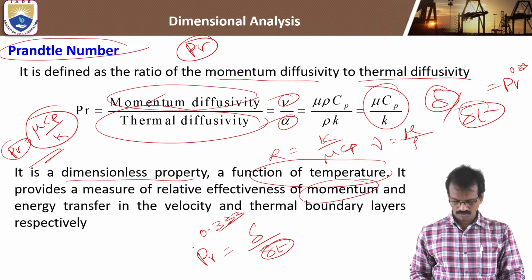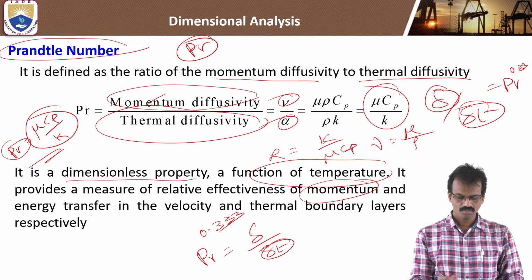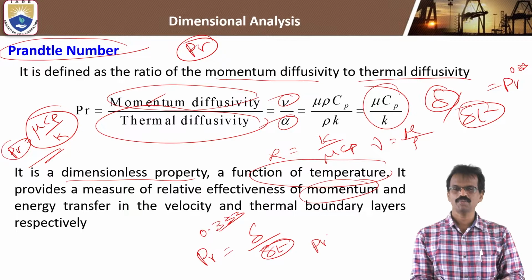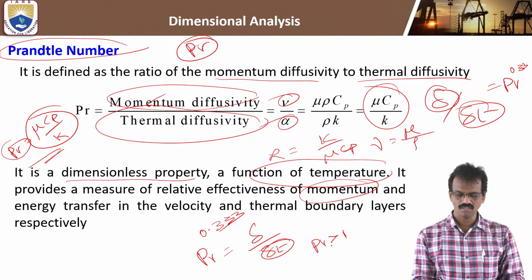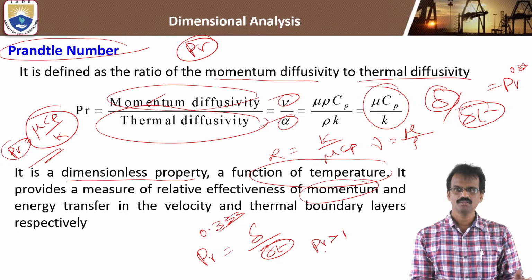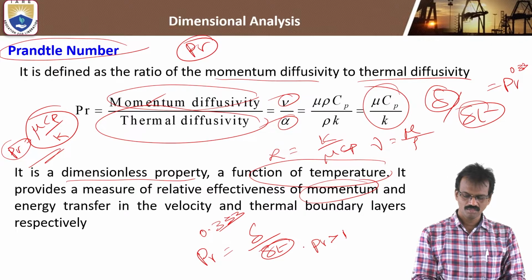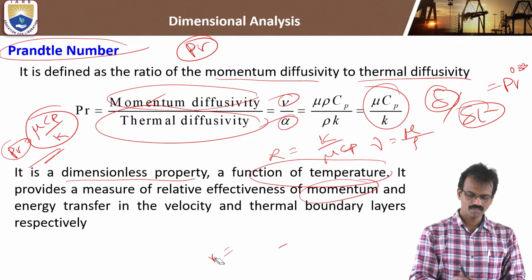Okay. This Prandtl number was already explained in previous classes, including the condition Prandtl number less than or equal to 1 and the significance for thermal boundary layers.